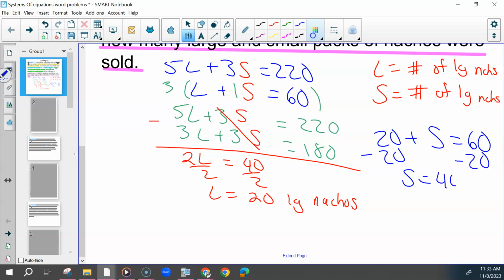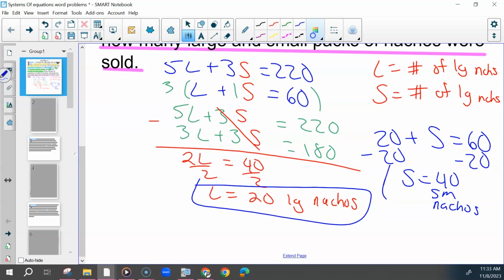And again, labels, small packs of nachos. Some questions will ask you to just look for one thing. Some will ask you to look for both. So it depends on what it's asking you to look for.